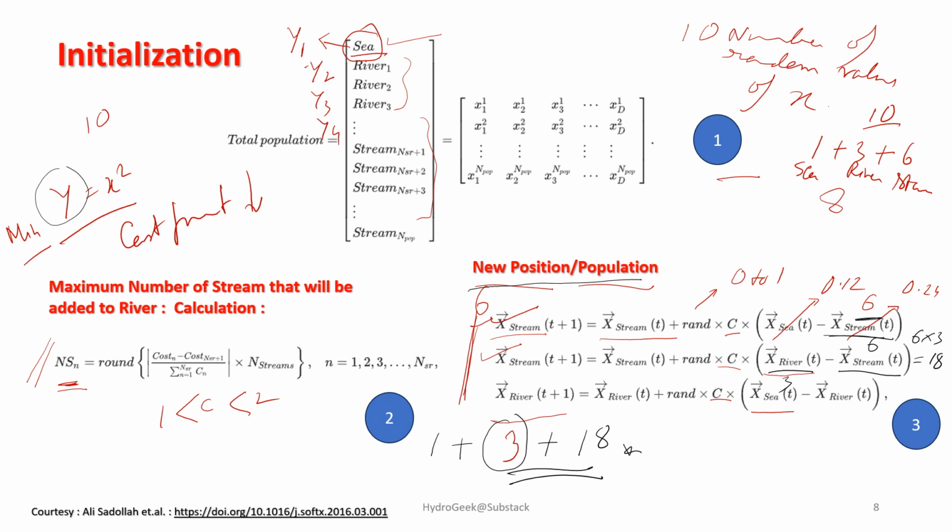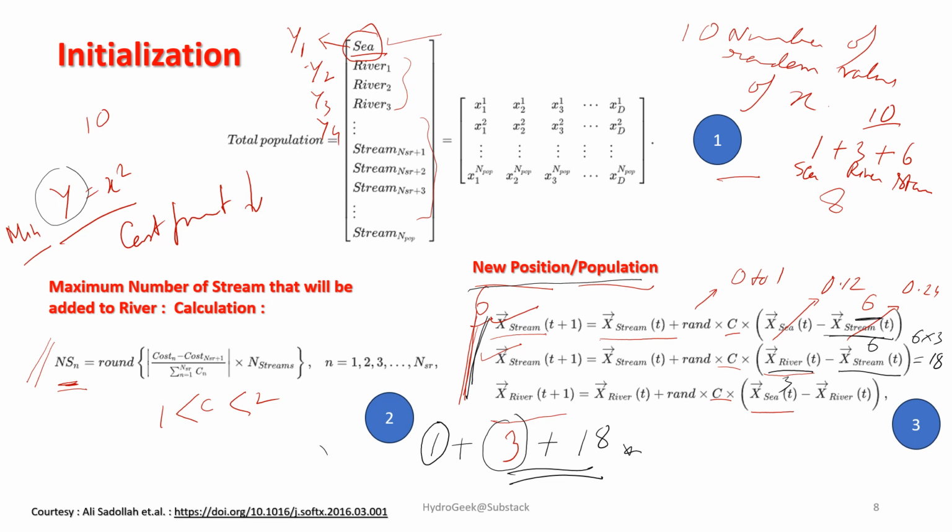Now if within these 18 values any y is less than this y, that means the cy, right? The value of x for which y was the minimum in the current iteration will be compared with all the y's of these 21 x's that we have generated from this formula, correct?